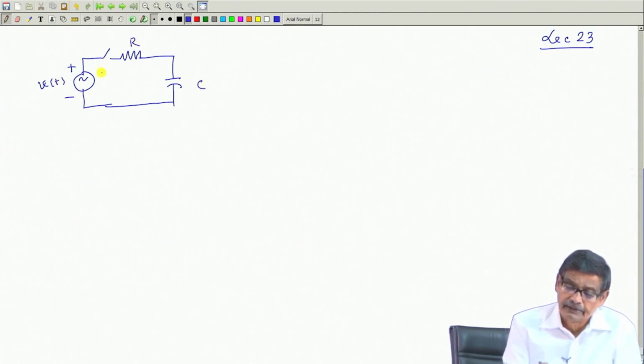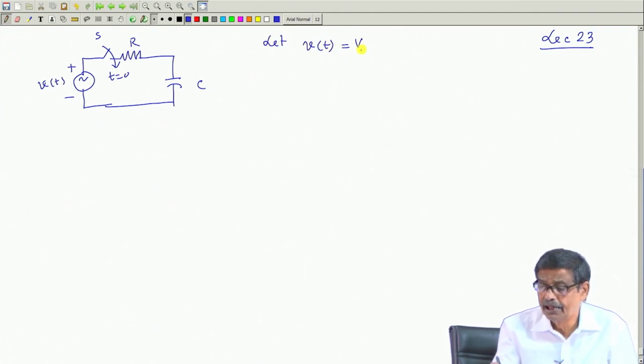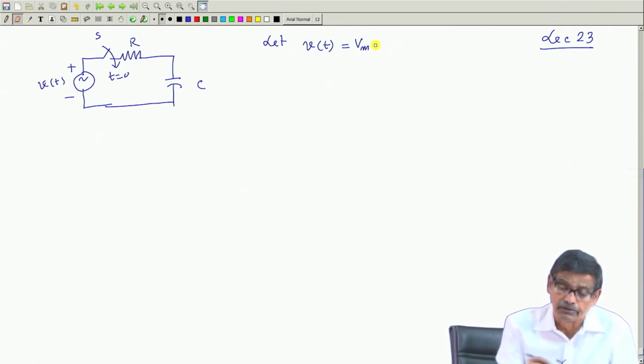The switch will be closed at t equal to 0, and let V(t) be equal to V max, V m sin omega t.